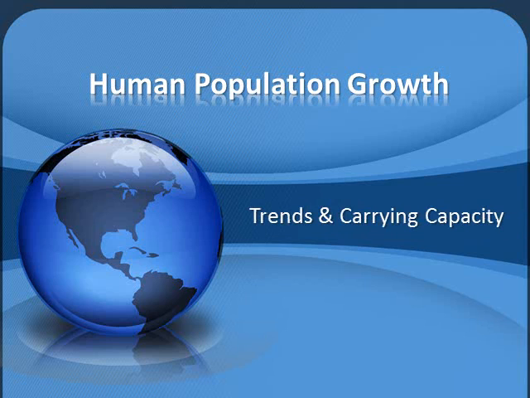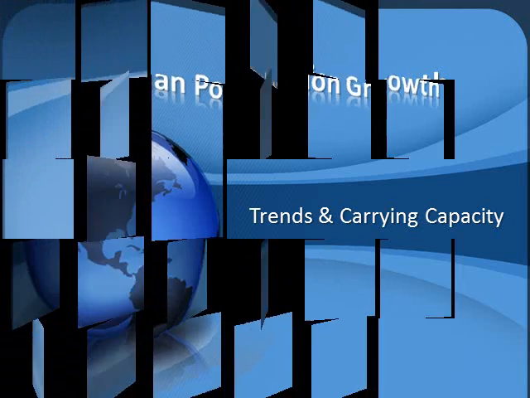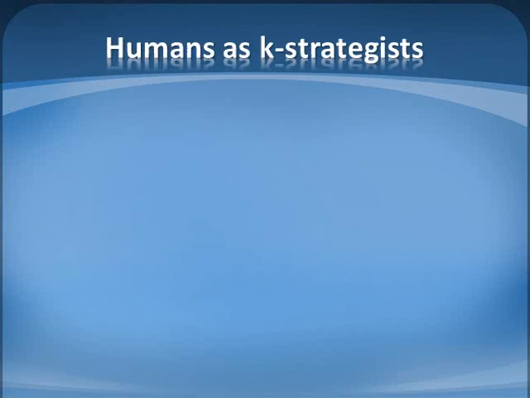So trends in carrying capacity are a good way to sum up what we're about to look at. I know this came up when we were talking about K strategists in general, and I'm sure that everybody made that connection that we are pretty strong K strategists.